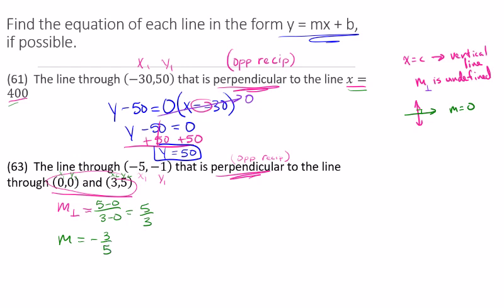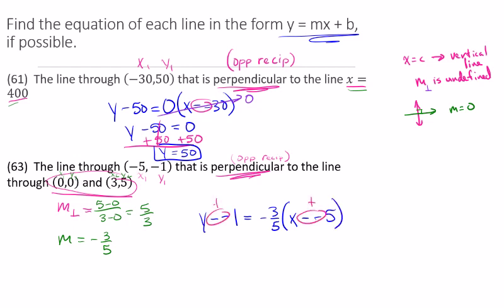And now we can use our point slope formula, y minus the y1 that is on our line equals the slope of our line, negative 3/5, times x minus the x1 that's on the line that we're trying to find.